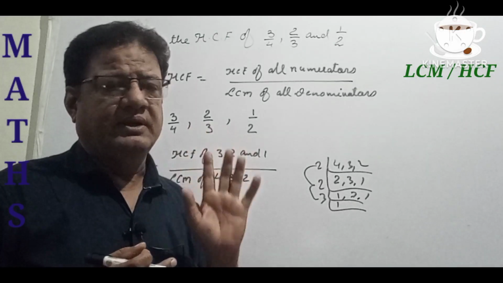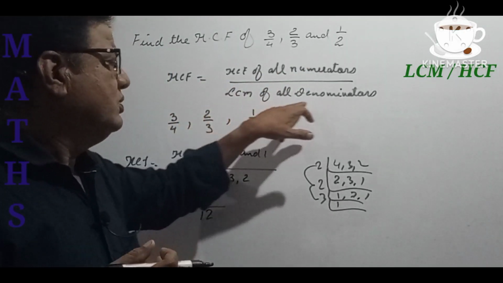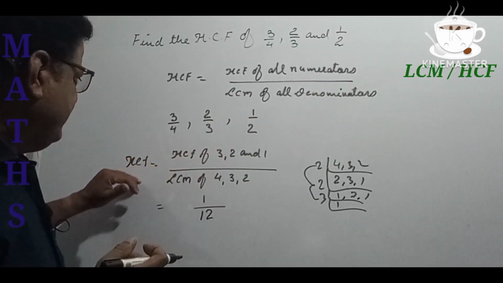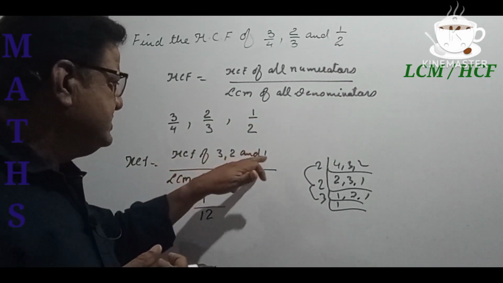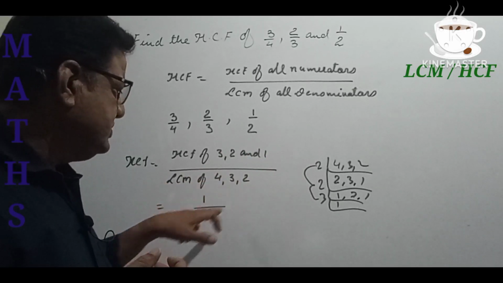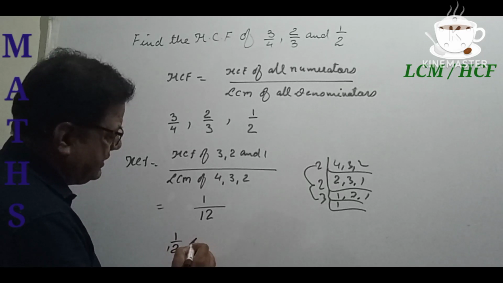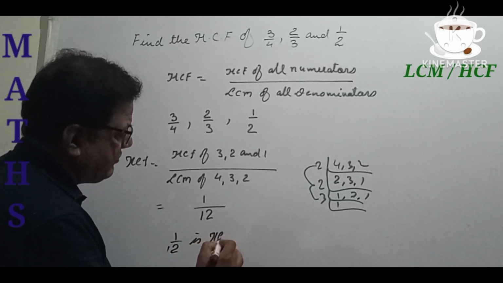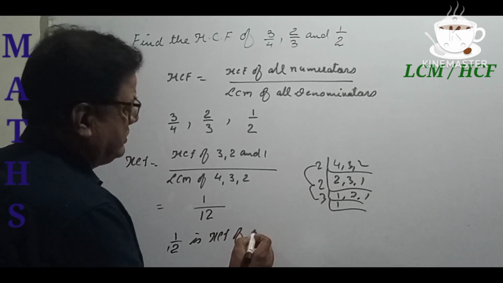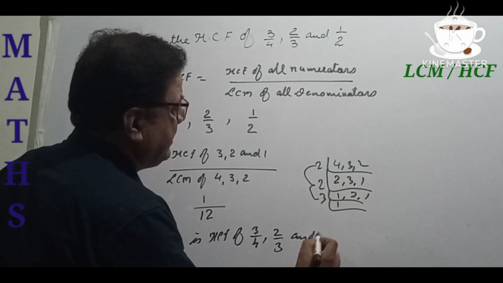This thing is worth remembering. So the formula is SCF of all numerators upon LCM of all denominators. We find the SCF of 3, 2 and 1 is 1, and the LCM of 4, 3, 2 is 12. Then we can say 1/12 is the SCF of 3/4, 2/3 and 1/2.